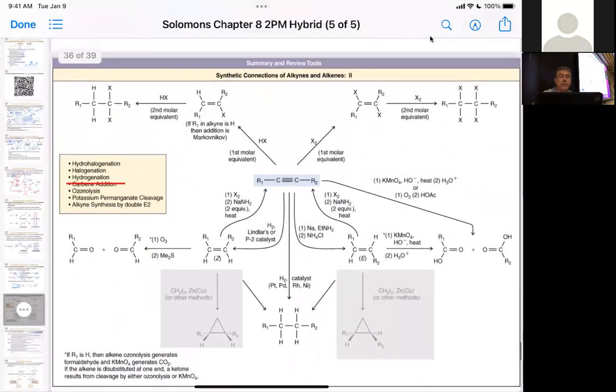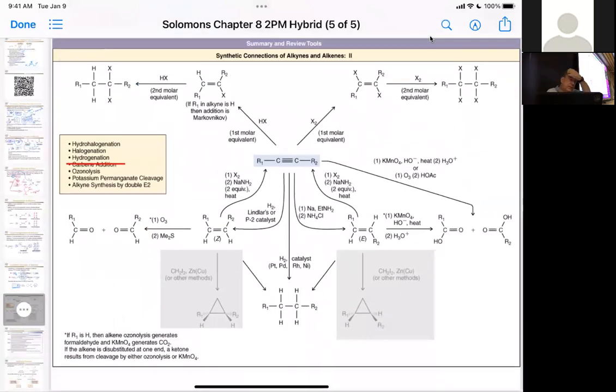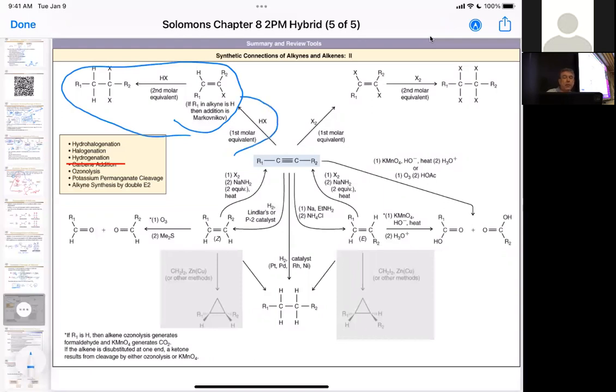Okay, so at the end of the book, there are two different things that are telling you the reviews. This is the one about the alkenes and alkynes. So we actually did this reaction today, right here. So we can say, oh, look, here's how to get geminal dihalides. Here's how to get tetrahalides.